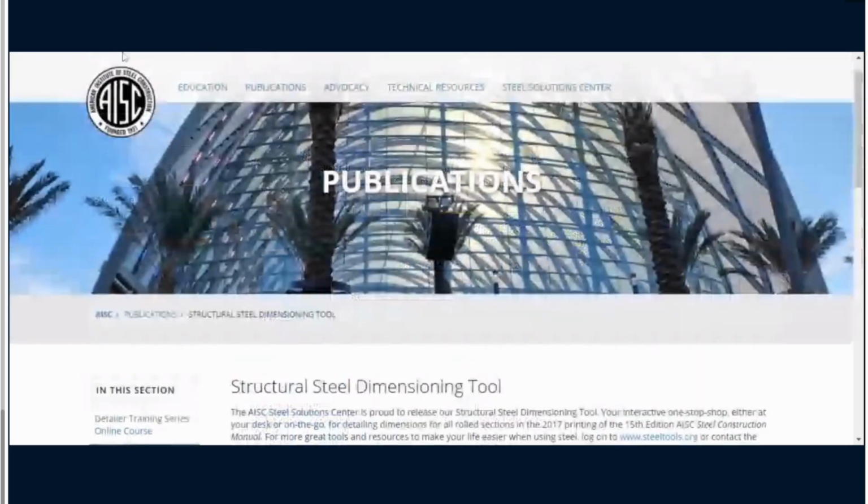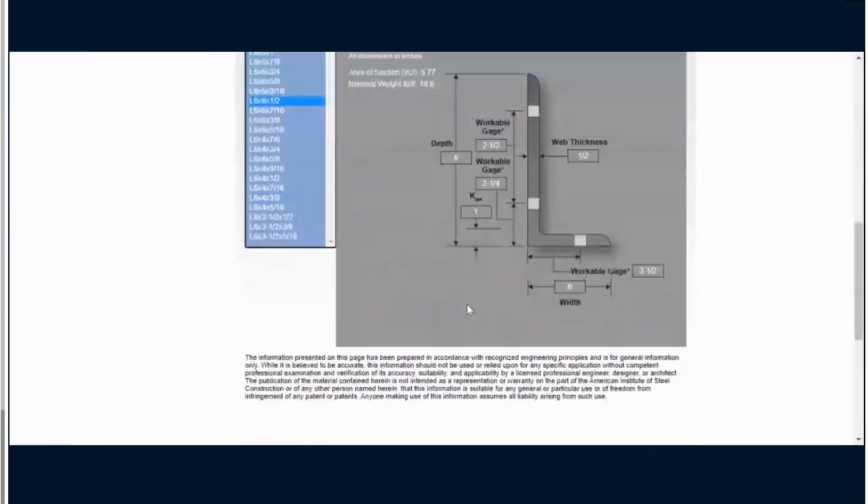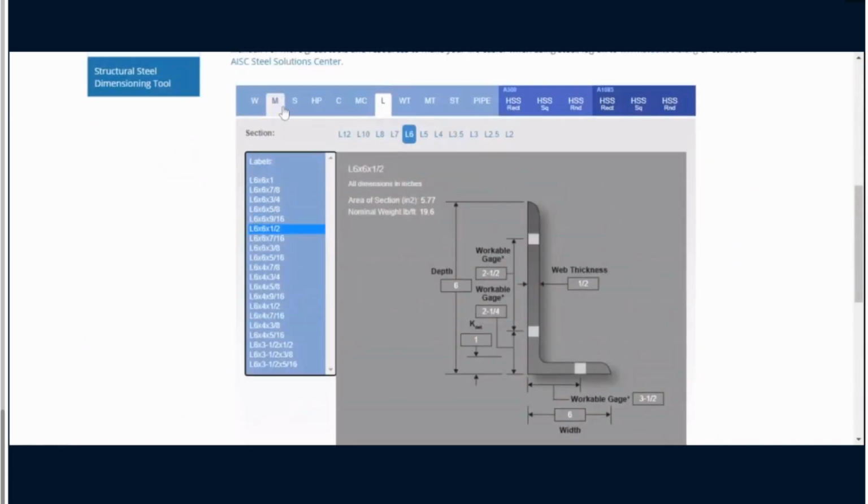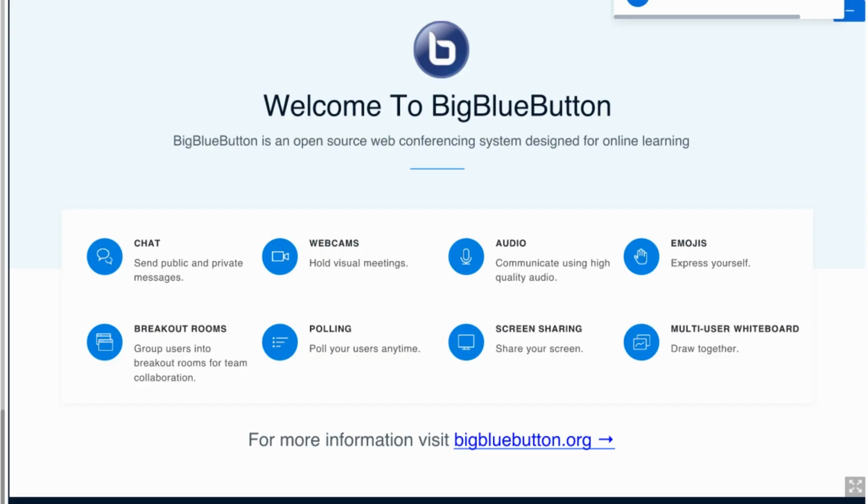This one is located on their website, so you just have to click the link in the Canvas module that we have. Next, I'll just show you the Play Store page for the CSiSteel. This one.